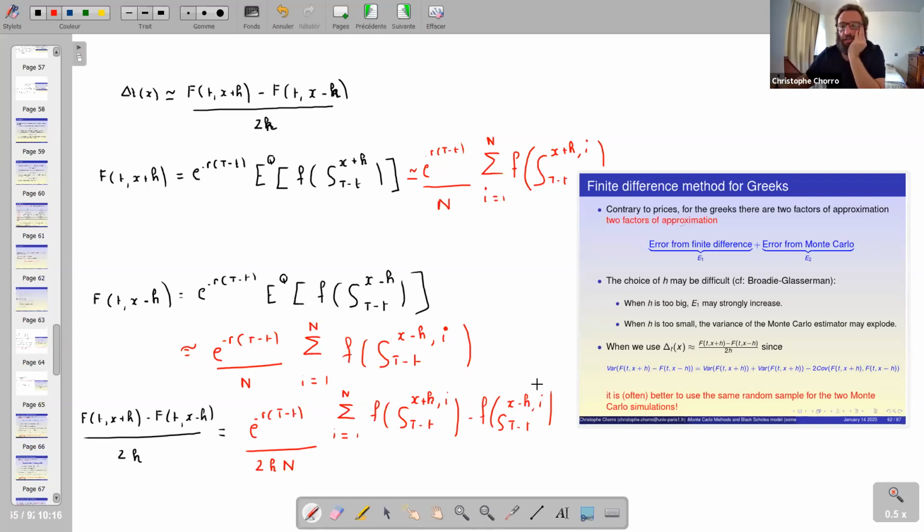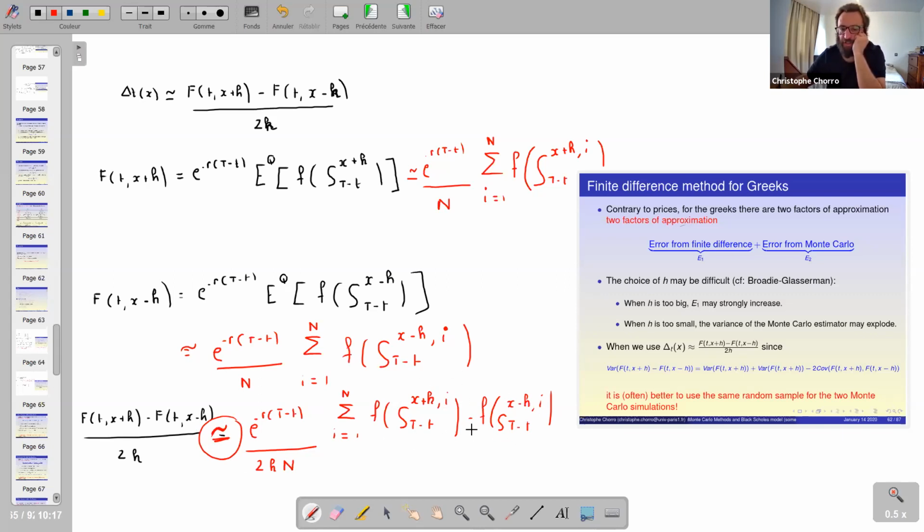The precision I get in the approximation of my quantity using this approximation here, it's not an equality, it's an approximation, depends on the variance of this quantity here.